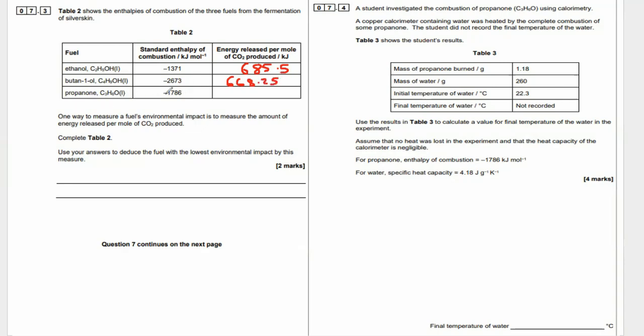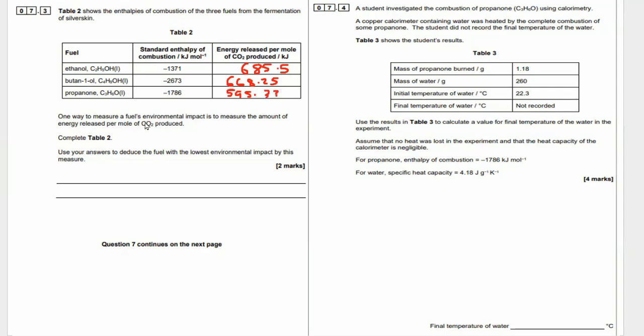And then propanone is minus 1786. But of course, there's 3 carbons, so we're going to give out 3 carbon dioxides. So we're going to divide the total energy by 3 to find out how much energy is released per carbon dioxide. And it's going to be 595.33, or you could just leave it as 595.